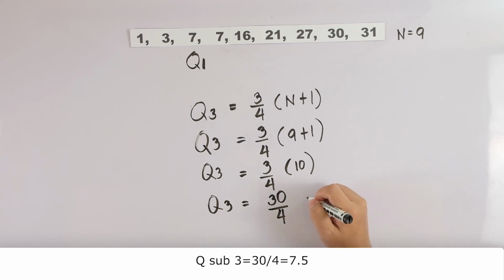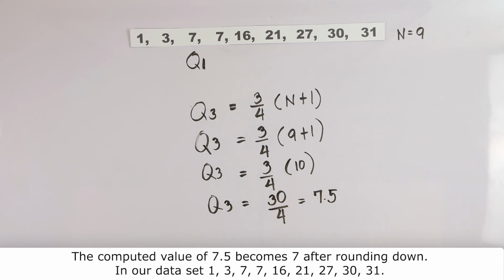That is equivalent to 7.5. The computed value of 7.5 becomes 7 after rounding down.